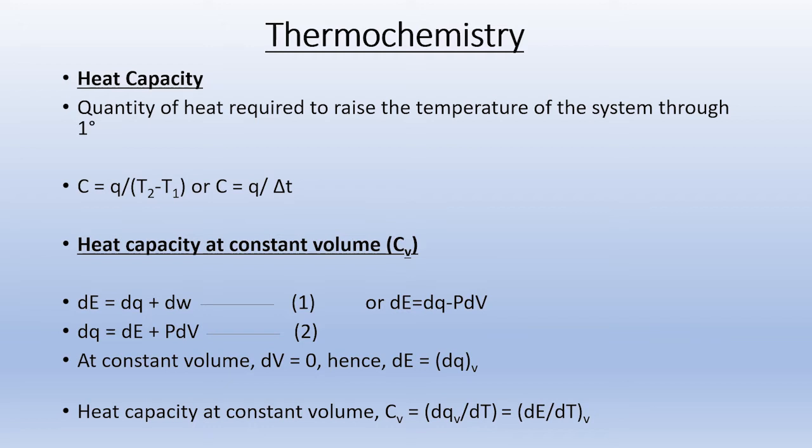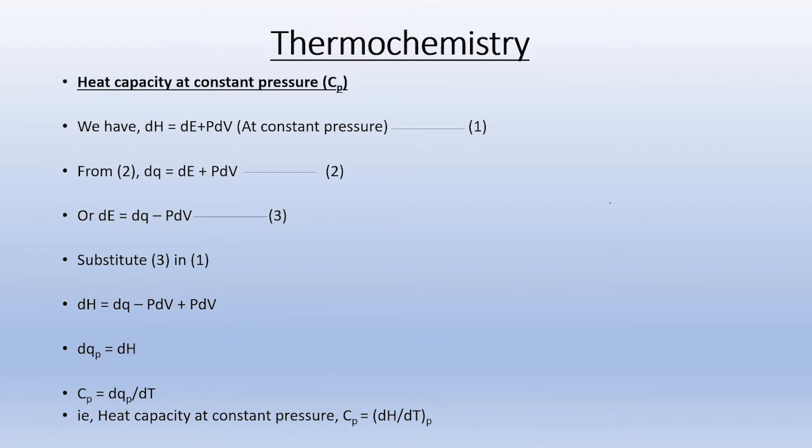In the same way, we can have heat capacity at constant pressure also, and that can be derived from the enthalpy equation. We have the equation for enthalpy change, dH equals dE plus PdV, for the constant pressure condition.